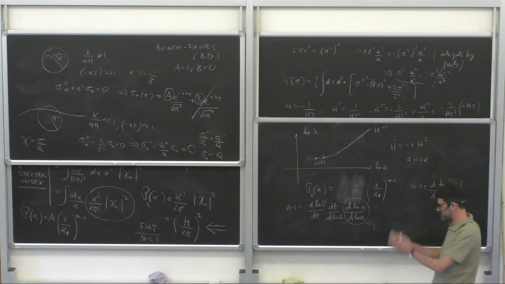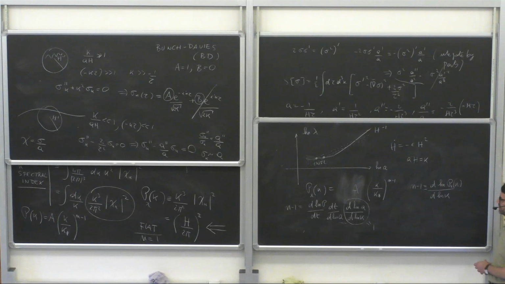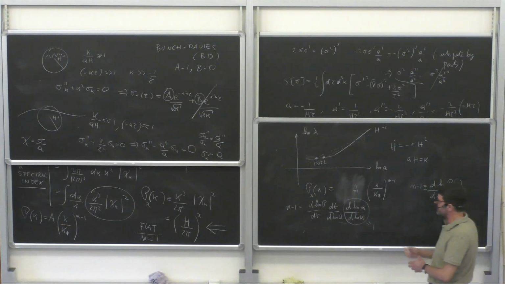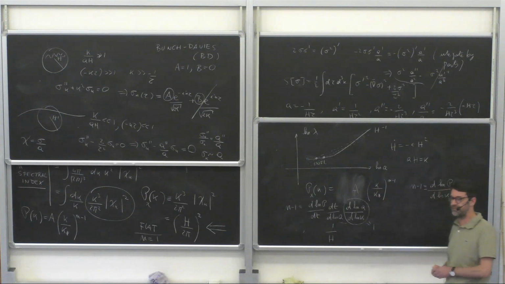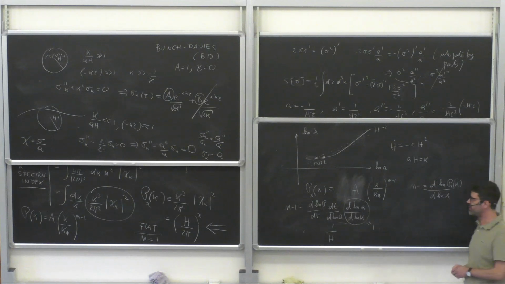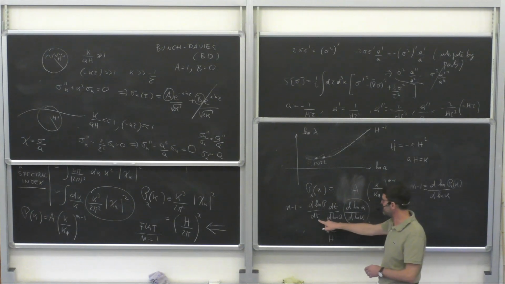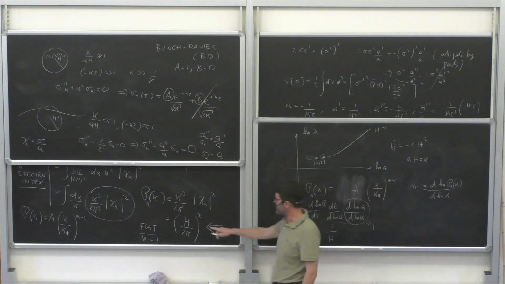Okay, because I measure at that point where the wavelength goes out of the horizon radius. dt over d log a is nothing else than 1 over H. And then what is d log of P over dt? Well, I take it from here.